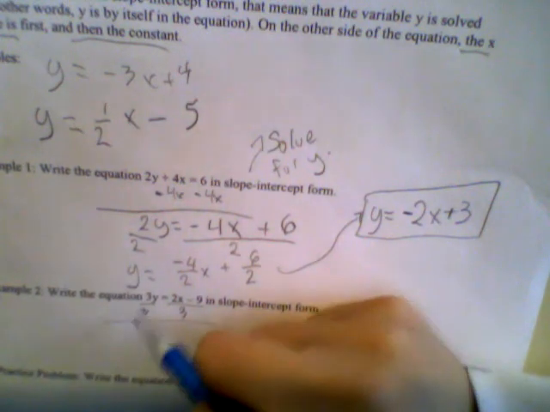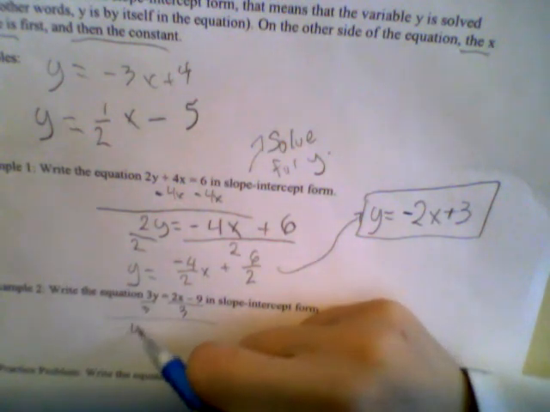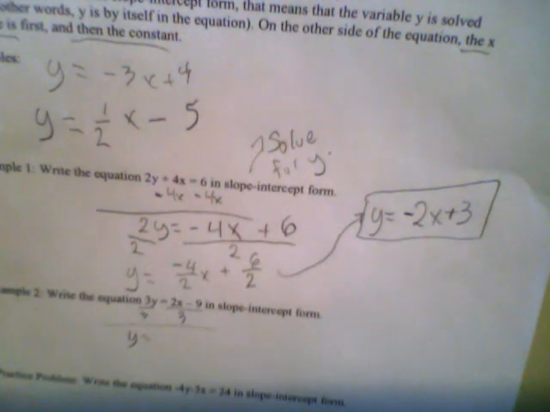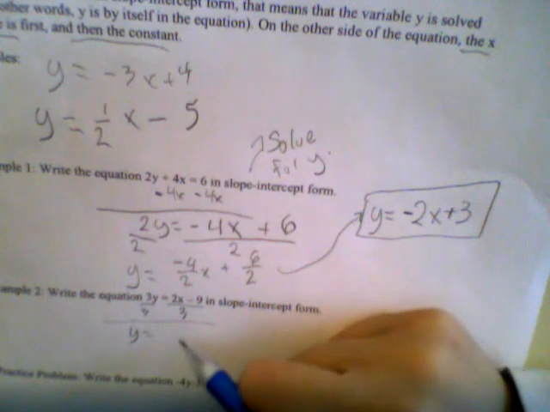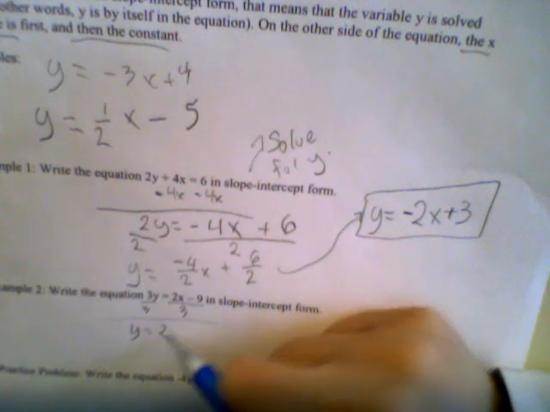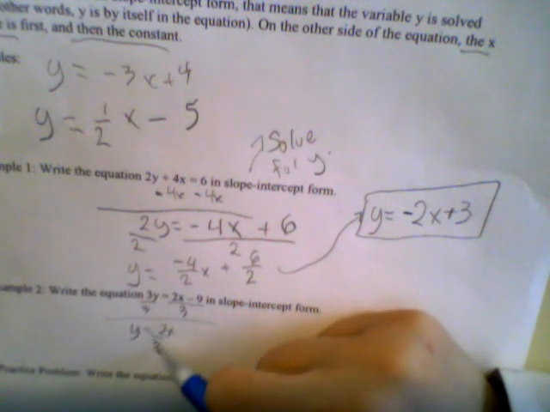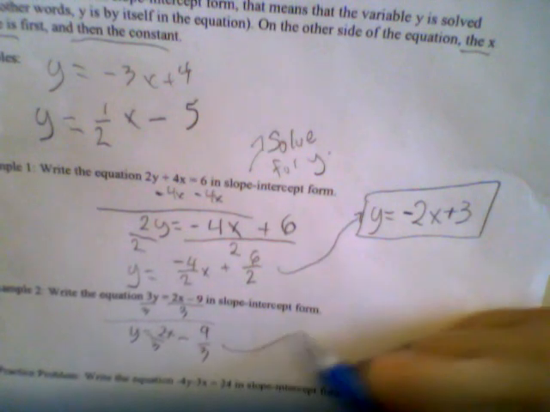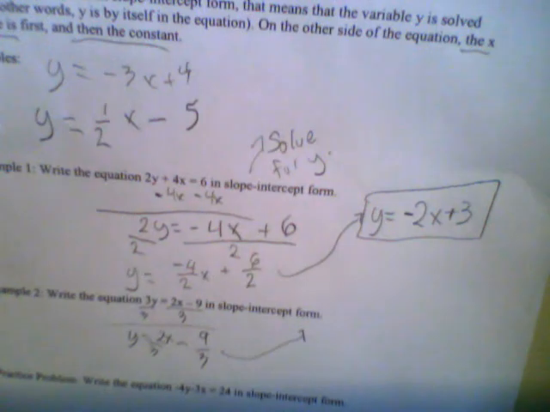When I do that, 3y divided by 3 is just y. So I have y is equal to 2x divided by 3, and then minus 9 divided by 3. Now, I don't want you to put this in decimal.